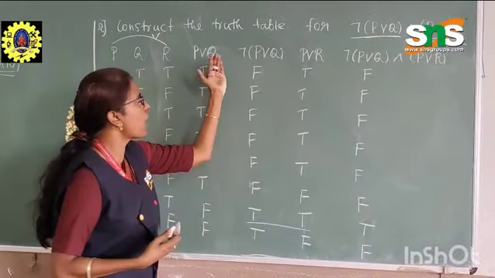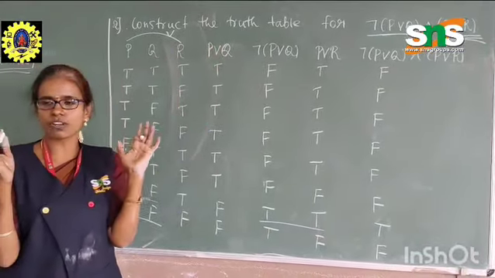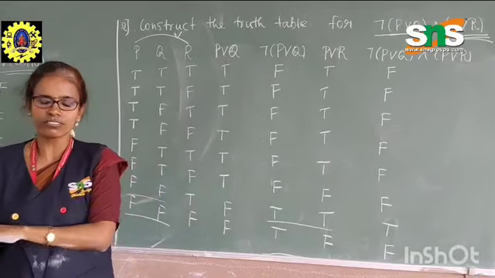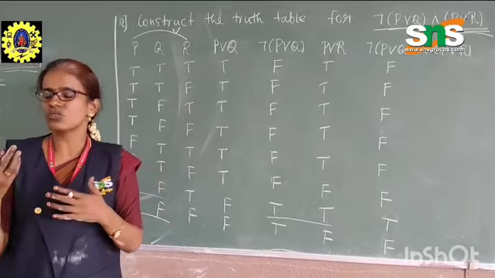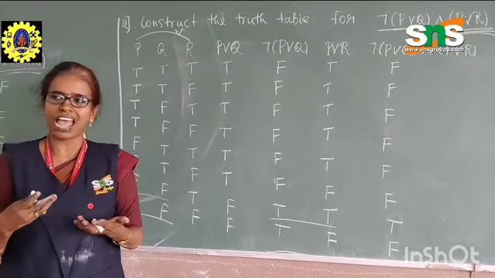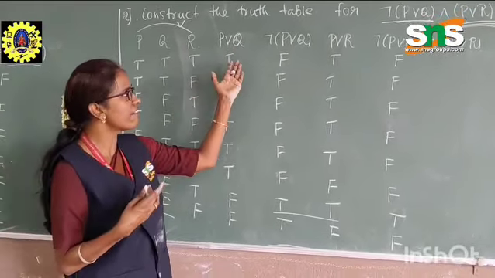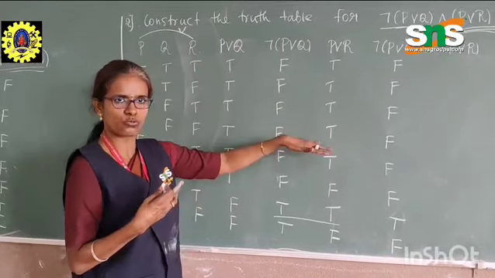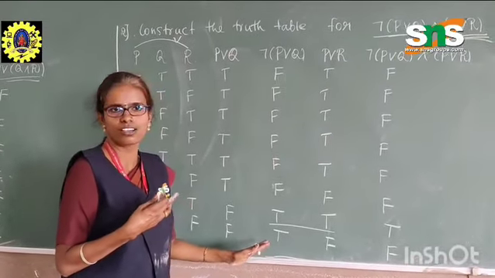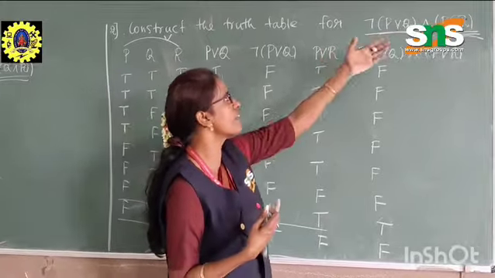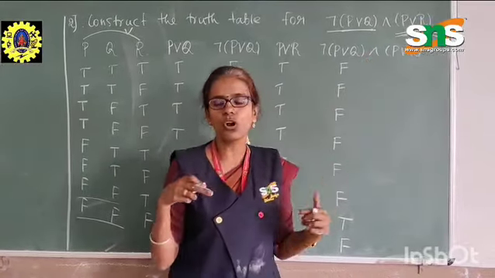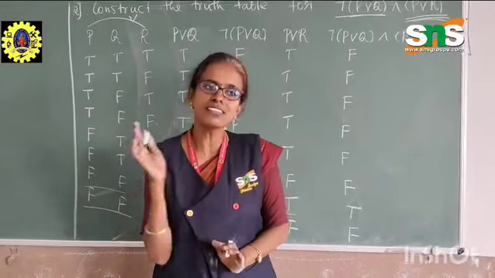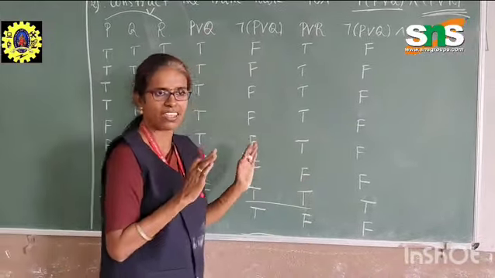Implication means the result is false only when the premise is true and the conclusion is false. Negation is taking the statement oppositely, because negation is nothing but adding not, so true means false and false means true. That way I fill the columns. Finally, we take and. And means both should be true, then the result is true. This way I find the expression.